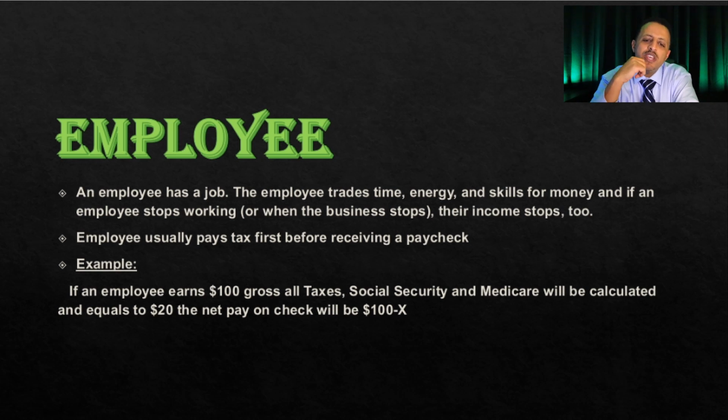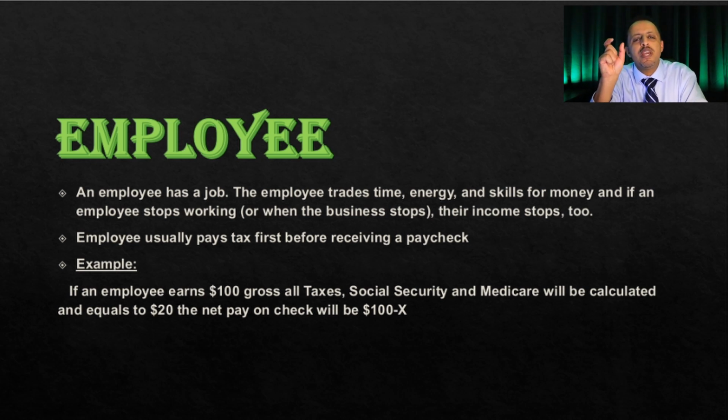An employee usually pays taxes first, then gets the balance left in hand. That's how it's been structured. To give you an example, if you make $100, first the federal government, the local government, and the state will take a portion of your check.